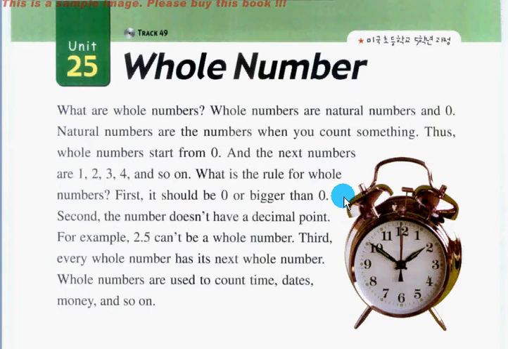First, it should be 0 or bigger than 0. Second, the number doesn't have a decimal point. For example, 2.5 can't be a whole number. Third, every whole number has its next whole number. Whole numbers are used to count time, dates, money, and so on.